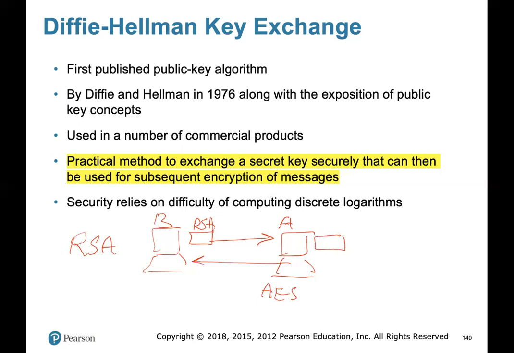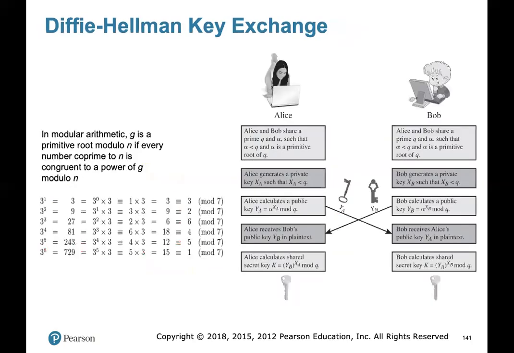But here in Diffie-Hellman, we will not be using RSA. We use Diffie-Hellman, and here we can exchange the key much more easily, because in terms of computation, it has fewer computations than RSA. The way it works is shown in this plot on the right, which shows how Alice and Bob want to exchange the keys.